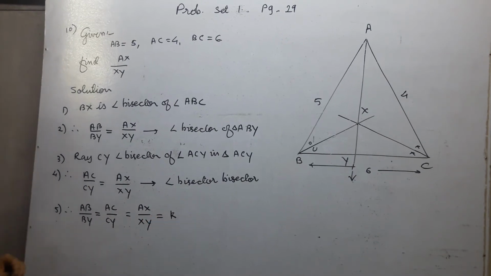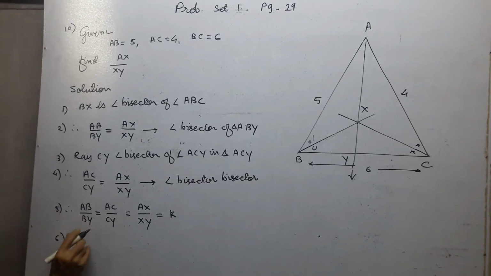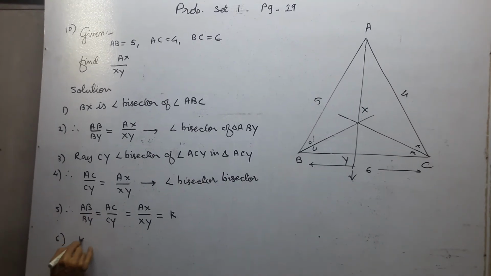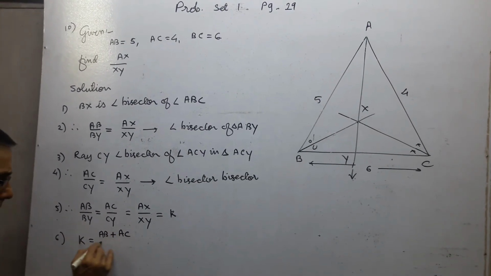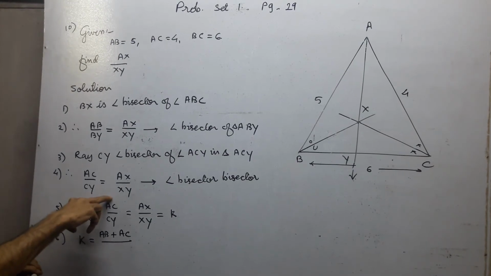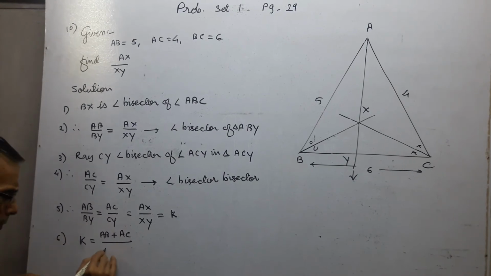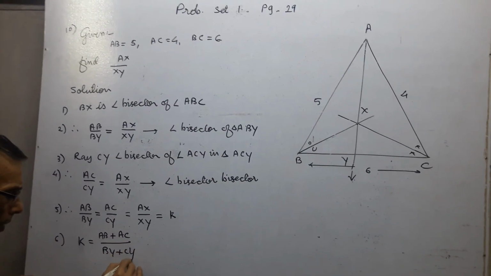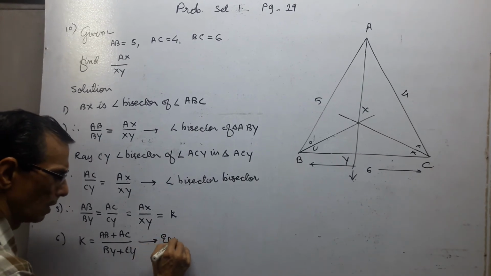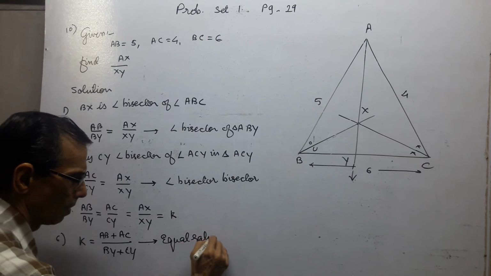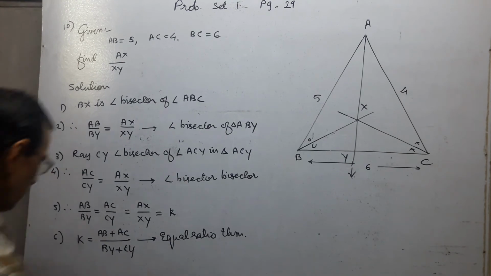Let us suppose this is K, and therefore we can write K is equal to AB plus AC. I have taken the sum of these two in the numerator, and the sum of these two in the denominator, so BY plus CY, according to the equality theorem.